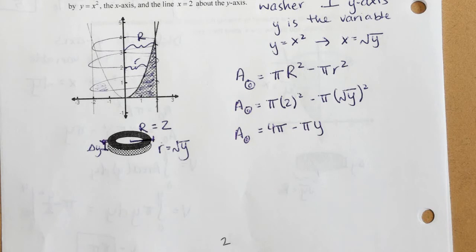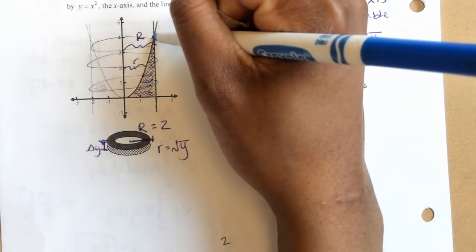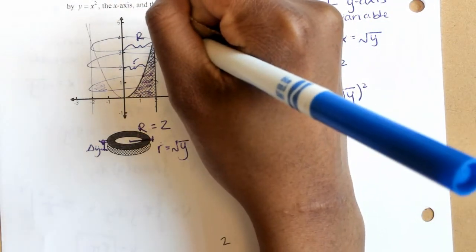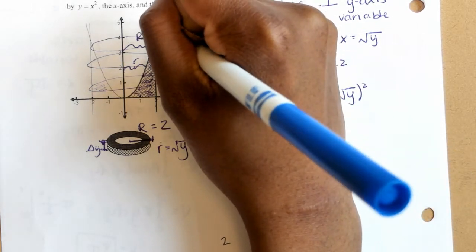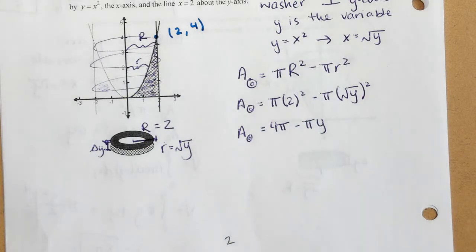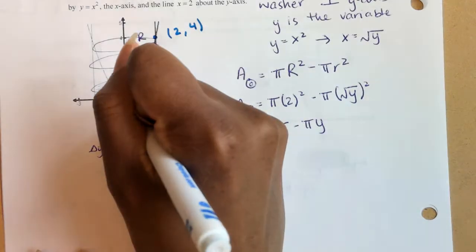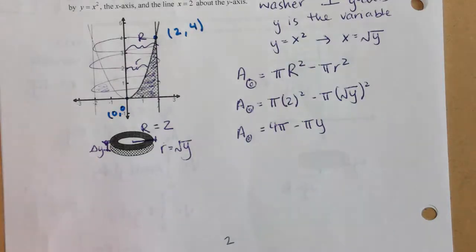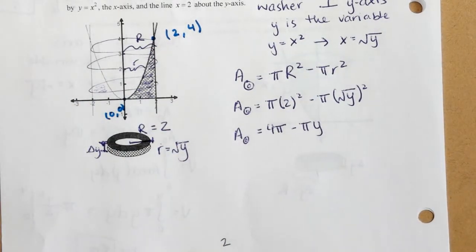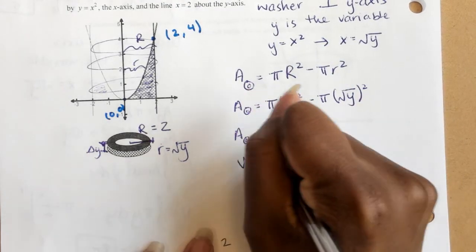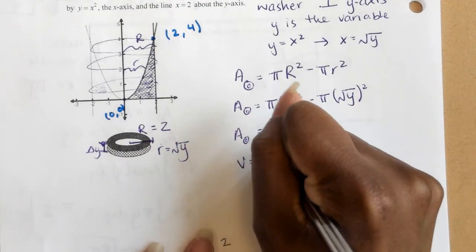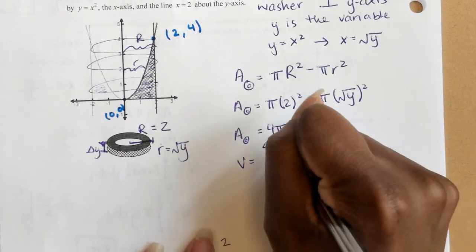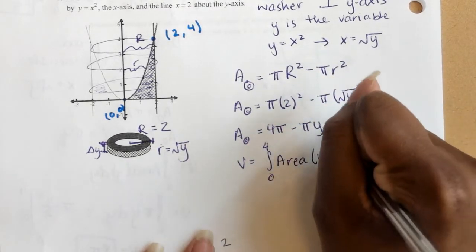And now if we want to actually find the volume, which is what this is asking us to do, we need to find our limits of integration. So these two lines intersect here at 2, 4. And we started at 0, 0. So our limits of integration, since we're in terms of y, are going to be from 0 to 4, and we'll plug in the area in terms of y, dy.